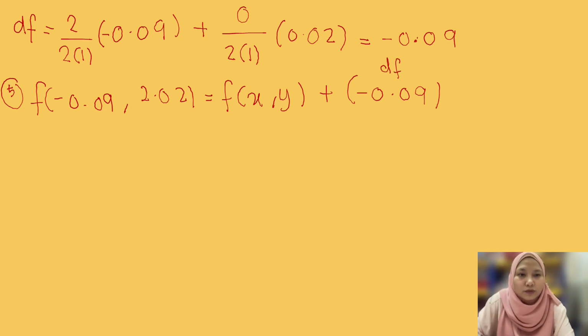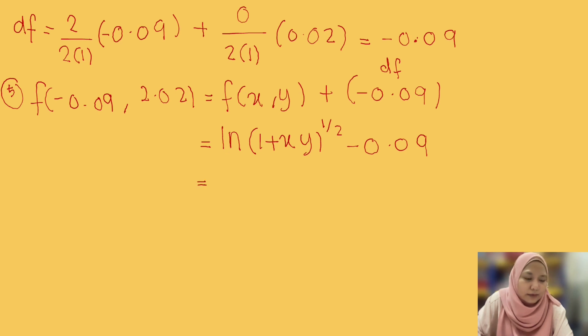Remember to use this last formula. For this part we use the actual function given in the question, substituting our x naught, y naught. So we have natural log of (1 plus xy) to the power of 1 over 2, plus negative 0.09.